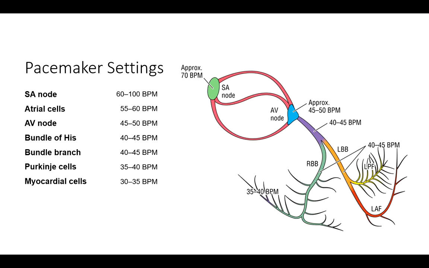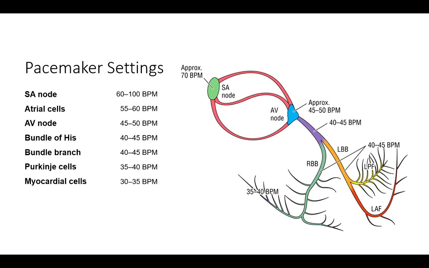Or if the atria in this electrical conduction pathway completely fail, we might have some type of block, or heart block, present, creating a challenge for this electrical impulse to generate. Maybe we have something closer to the AV node and bundle of His that now sets our pace. So the fastest pacer is the SA node.